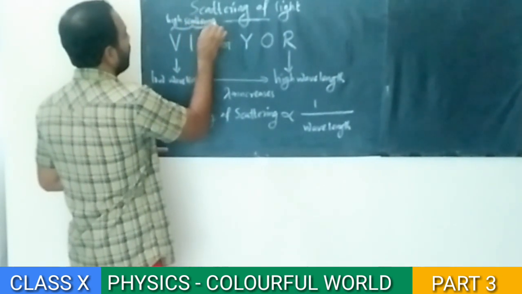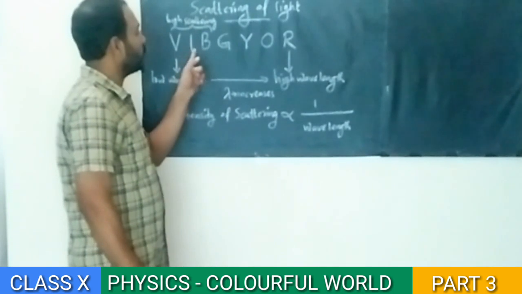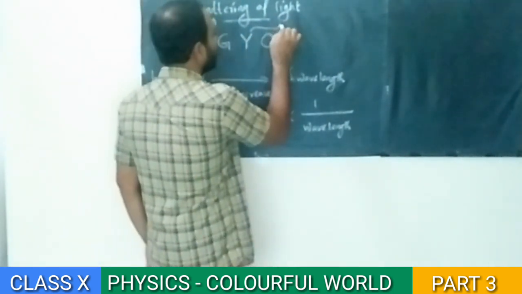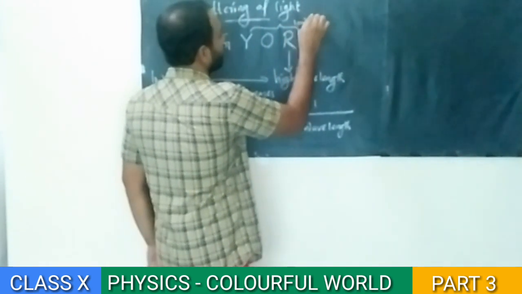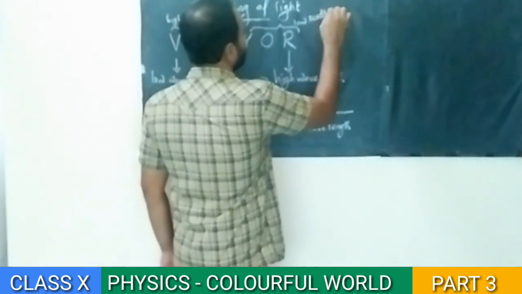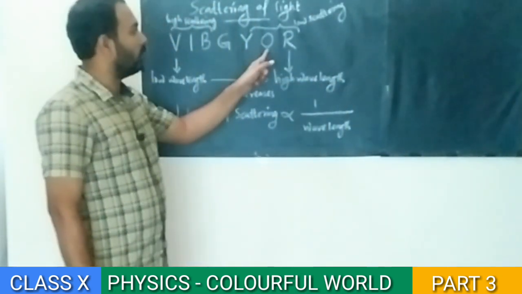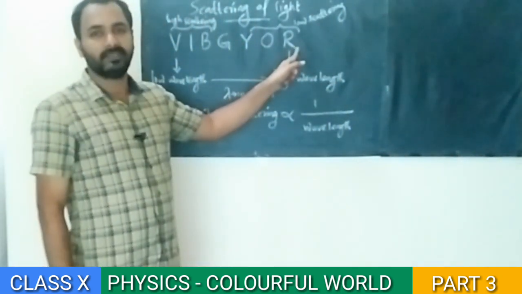High scattering colors are violet, indigo, blue. Low scattering colors are yellow, orange and red.